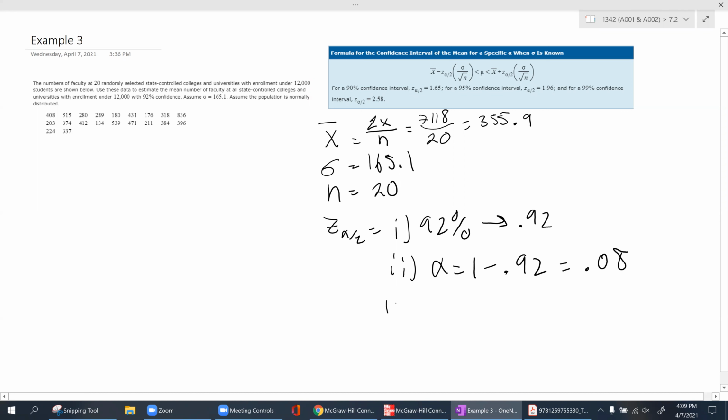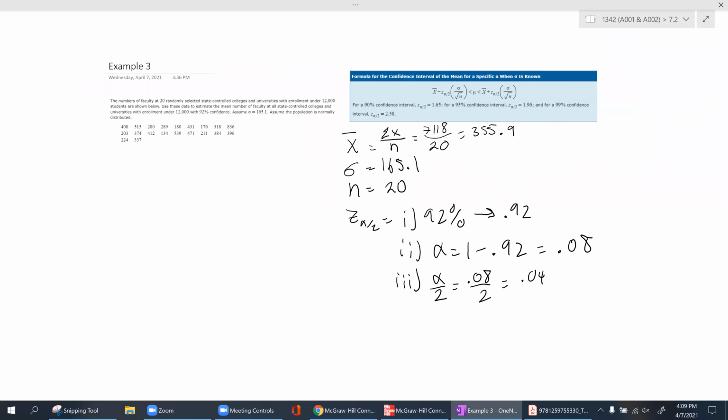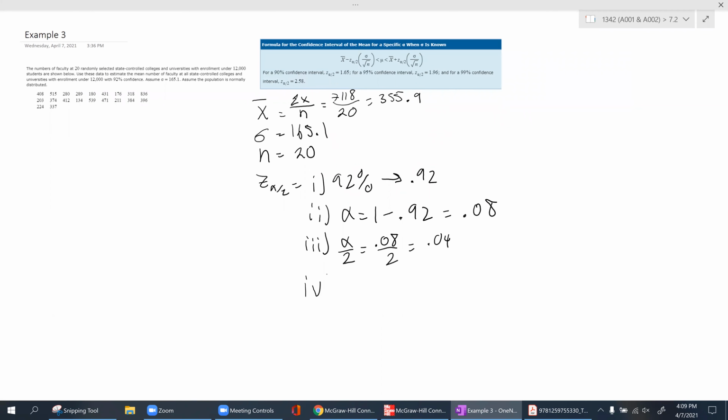Step 3: alpha over 2, which is 0.08 over 2, which is 0.04. Step 4: 1 minus alpha over 2, which is 1 minus 0.04, giving 0.9600.